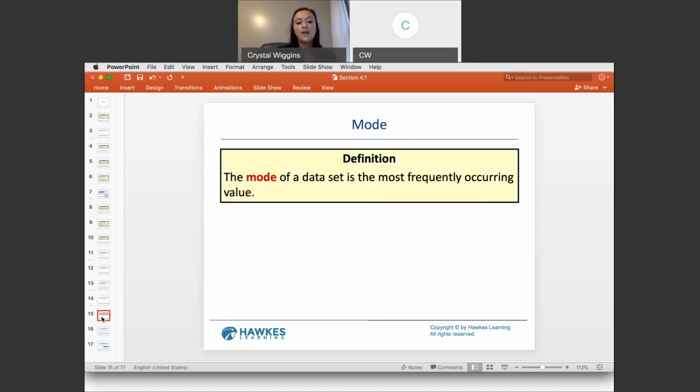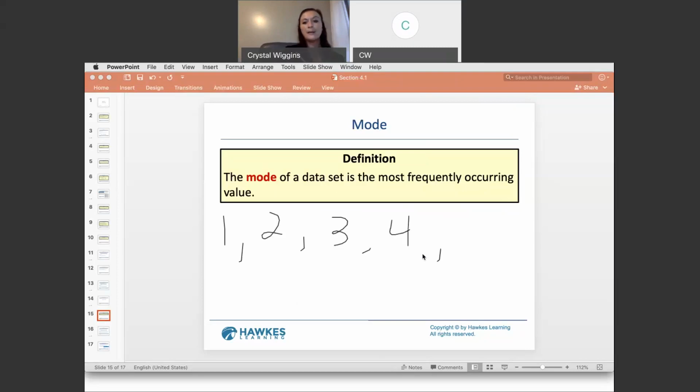The mode of a data set is the most frequently occurring value. So if we're working with a data set 1, 2, 3, 4, 5, there's no mode.